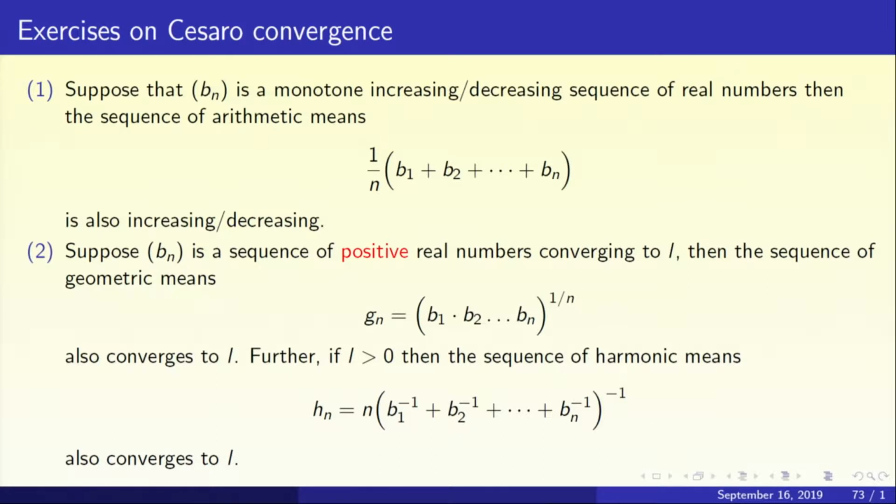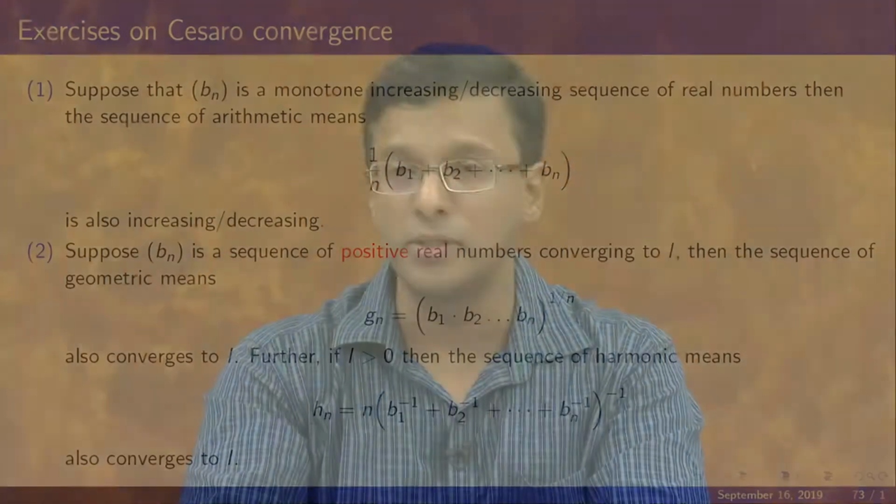What is the harmonic mean? If you take n numbers b1, b2, ..., bn, you take the reciprocals and you take the arithmetic mean of the reciprocals. The arithmetic mean of the reciprocals will have dimension inverse of the dimension of the original sequence.